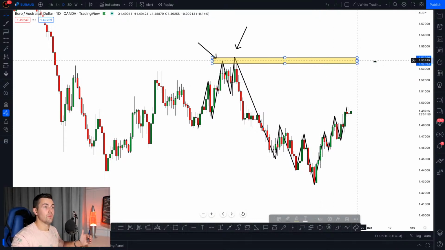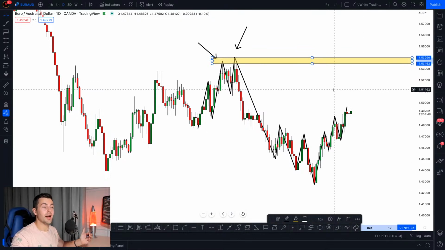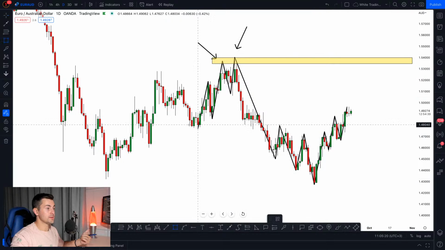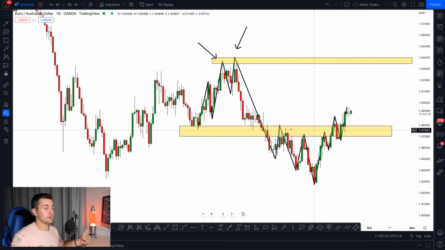So for that reason, we consider these levels or areas and we watch them carefully, right? Take a look. For example, again right here, the market respected that area many times. It was a very strong support. After the breakout, it turned into a very strong resistance.